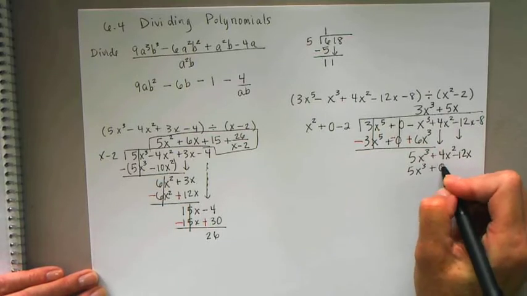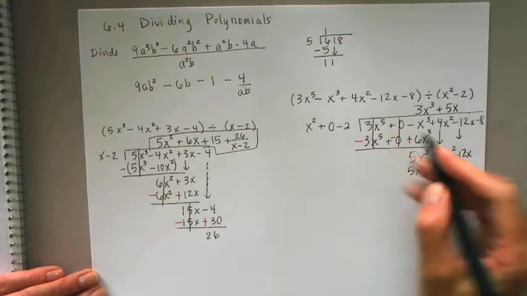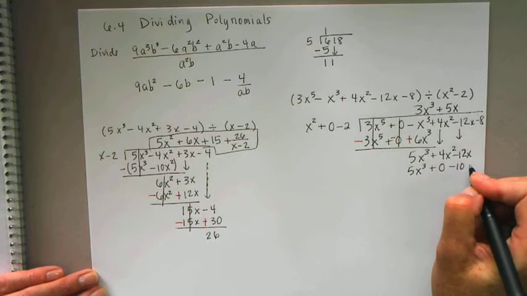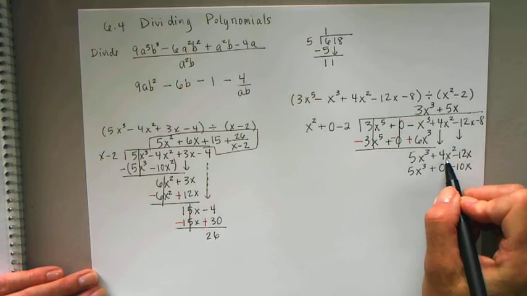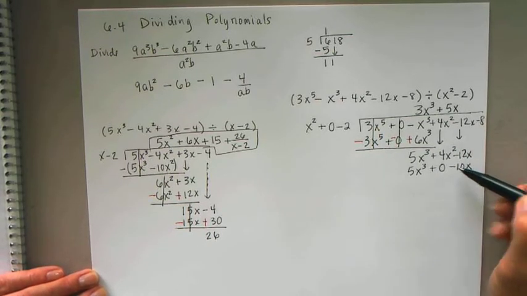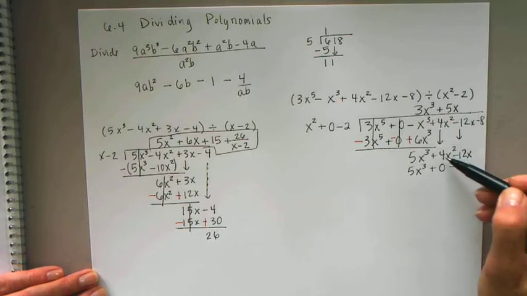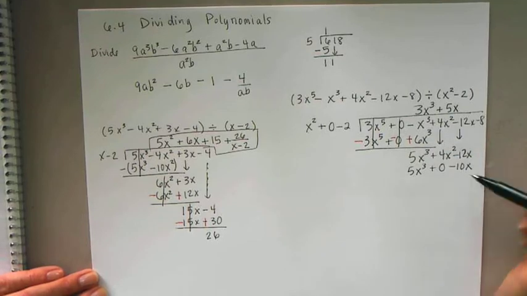And that's important, because if I had done 5x times negative 2 right there, I would have that negative 10x under the 4x squared. And I might be tempted to add something that is not like terms. They would be lined up, and I might want to add them. By putting the zeros there, they stay lined up.